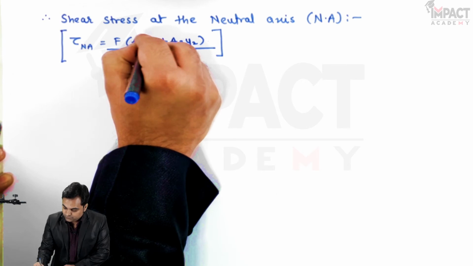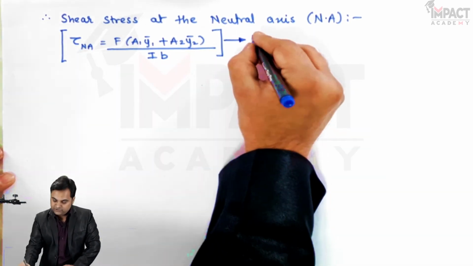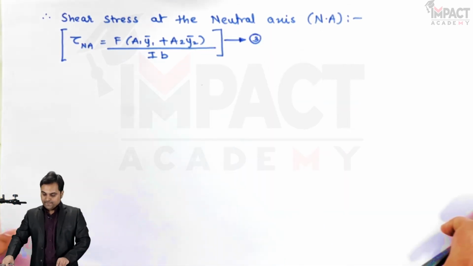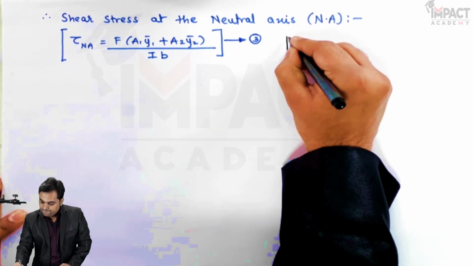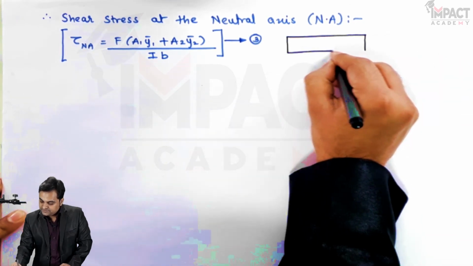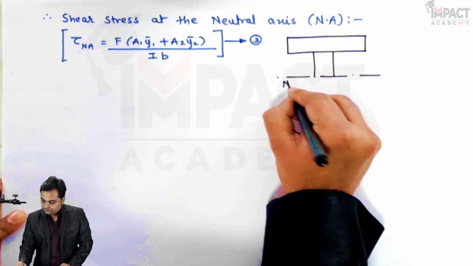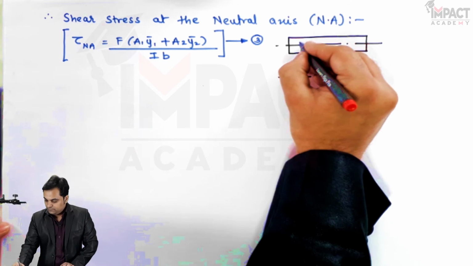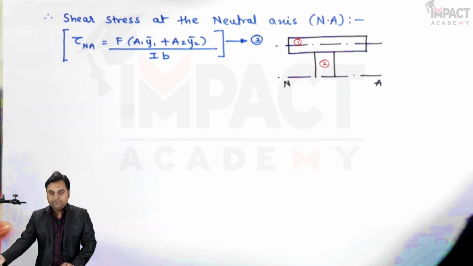I can say this is Y1 bar, this is Y2 bar, and that will be equation 3rd. Now I'll draw the area separately so that we can understand how to calculate the value of shear stress for this section at the neutral axis. This would be area first, and here we have area second.